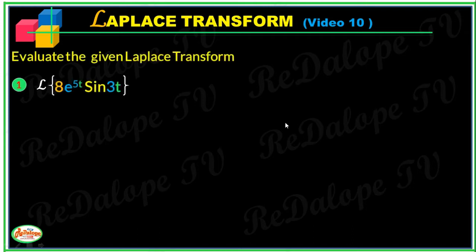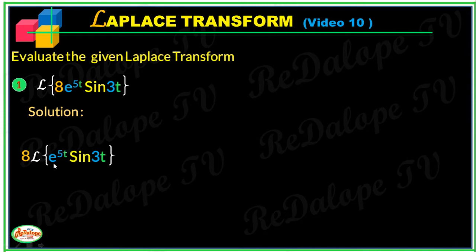Say the given problem is the Laplace of the product of 8 e raised to 5t multiplied by sine 3t. This Laplace problem can also be written as 8 multiplied by the Laplace of e raised to 5t sine 3t. Since 8 is a constant multiplier, we place 8 before the Laplace symbol.